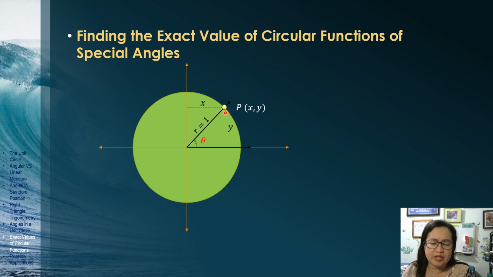Then we draw a broken line that is perpendicular to the initial side, or to the x-axis. Then we also draw a line that is perpendicular to the y-axis in order to form a rectangle. So that means this is also x, and this also y. Now since we are just concentrating on this right triangle, then it's enough to have this.